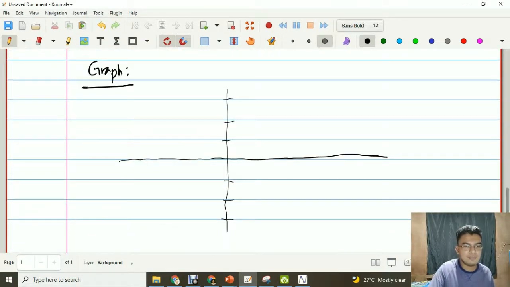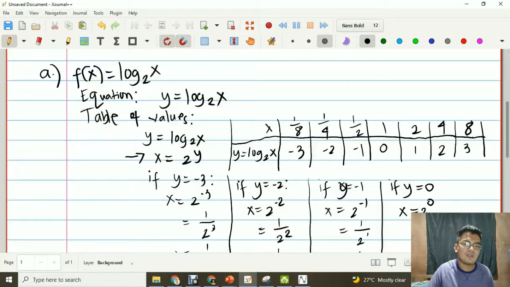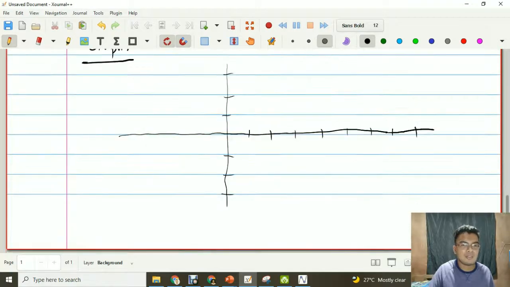So this will be 1, 2, 3, 4, 5, 6, 7, and 8. So if x is 1 all over 8, then y is equal to negative 3. So this is 1/2, then 1/4, and this is 1 all over 8.